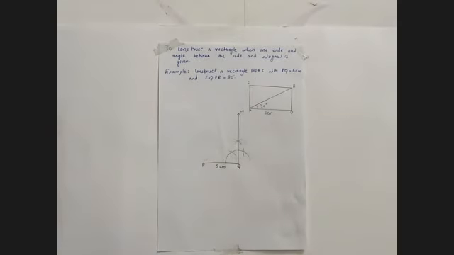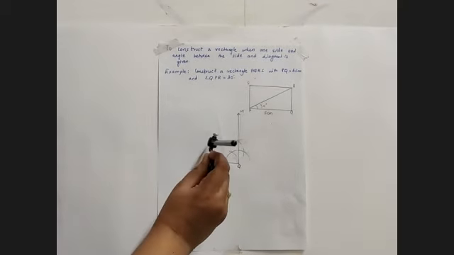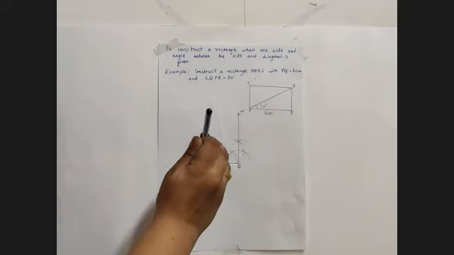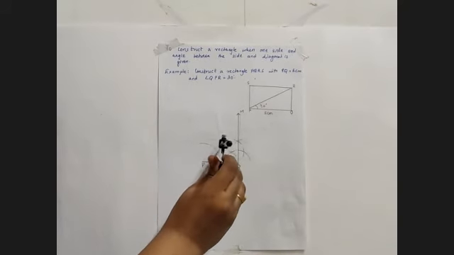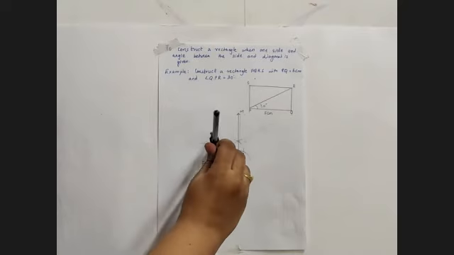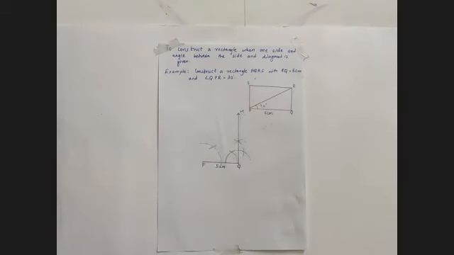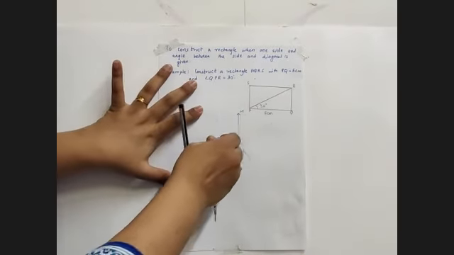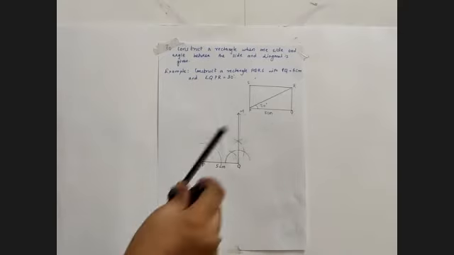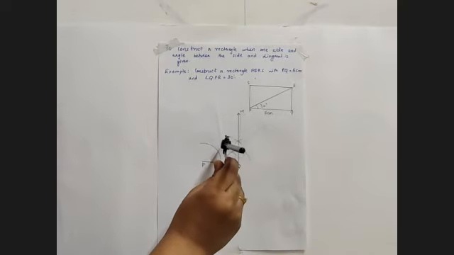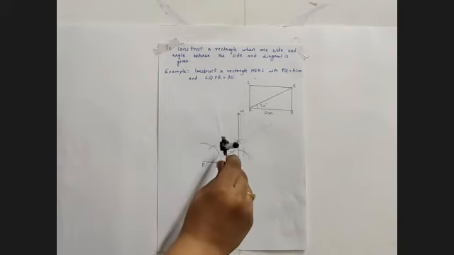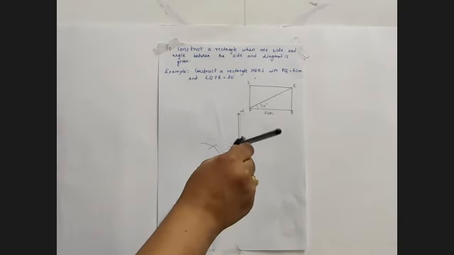Now here I have to construct 30 degree, right? So let us construct 30 degree. How we can construct 30 degree? We have to first draw 60 degree, and then just we have to bisect it. How to bisect?